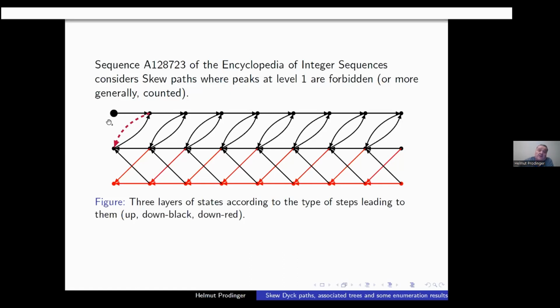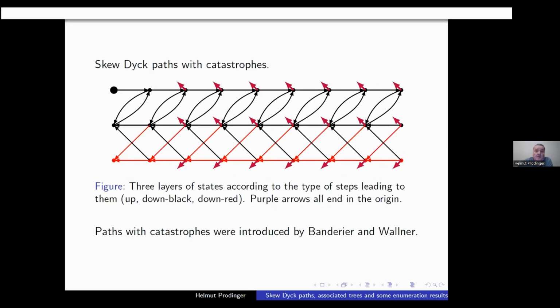One has to be careful because at the beginning it's slightly different, but all this is doable, and then one can get results and express it with the same type of roots that we have seen before. And then there is another area, namely skew Dyck paths with catastrophes.